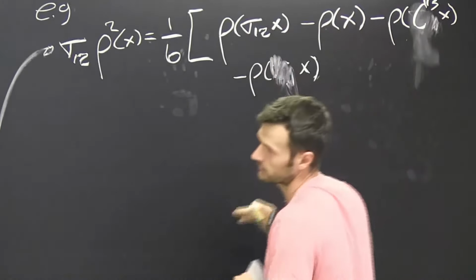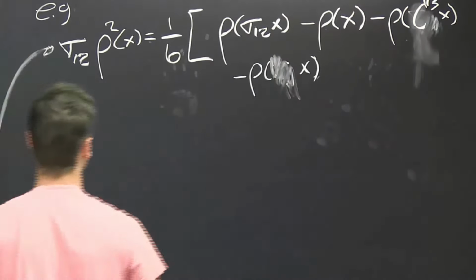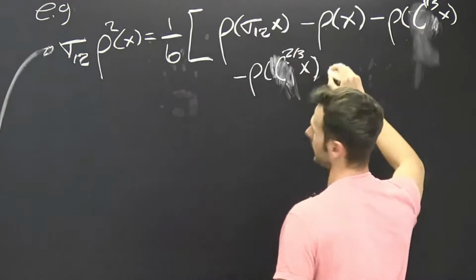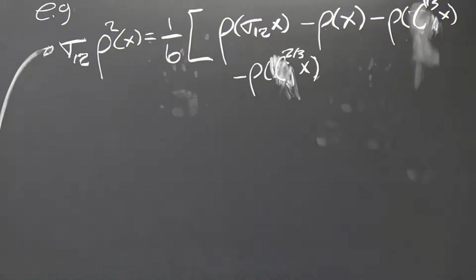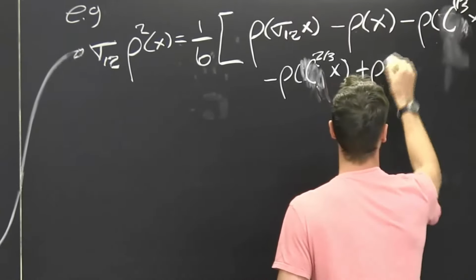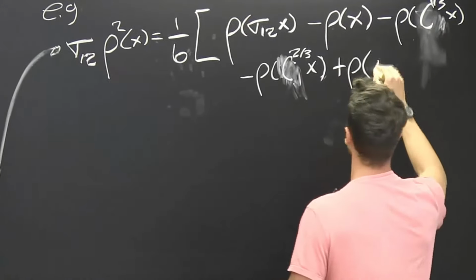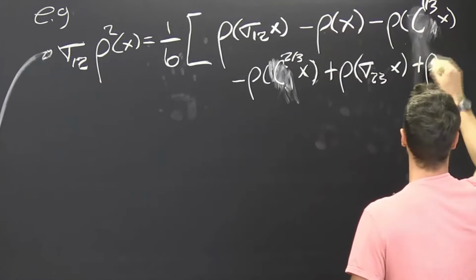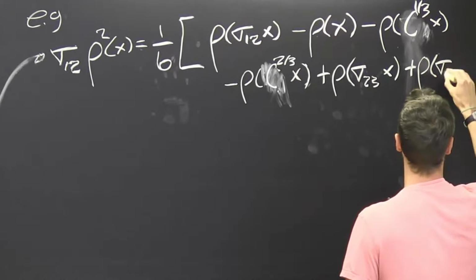Then this one must be C 2/3, right? And then I have the two rotations, but those are going to give me two permutations. So then I'll have plus rho C23 x plus rho C31 x, right?